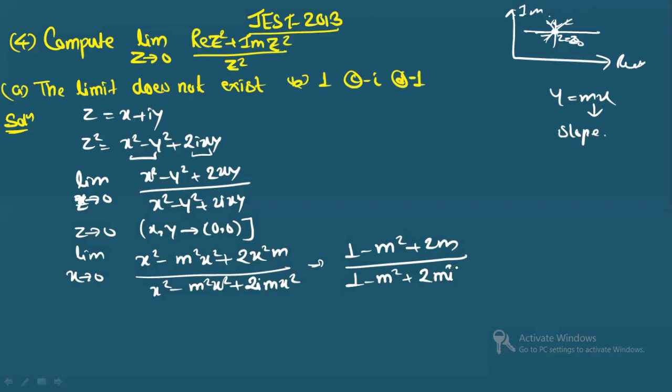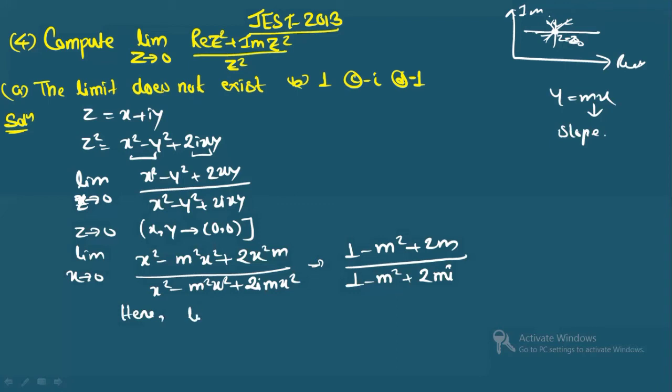Now you see here, this particular limit will depend on the path, yes or no. So for this reason the limit will not exist, because the limit will exist when the limiting value is independent of the path.